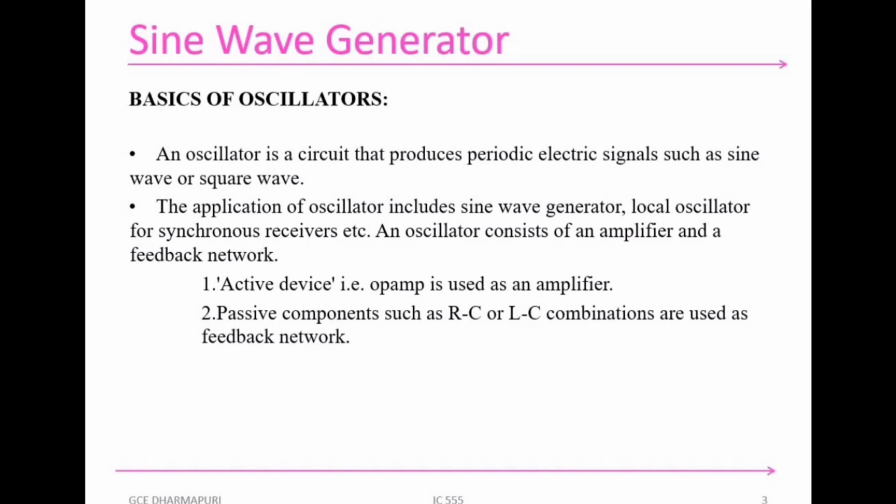The applications of the oscillator include sine wave generators, local oscillators for synchronous receivers, etc. It consists of an amplifier and a feedback network, where an active device, here an op-amp, is used, and the passive components for the feedback network are a combination of RC or LC.